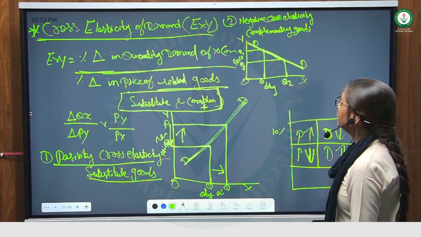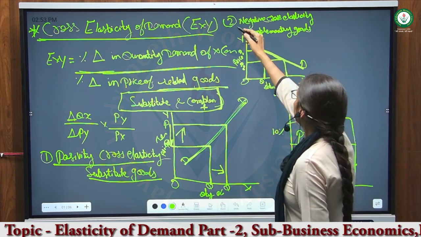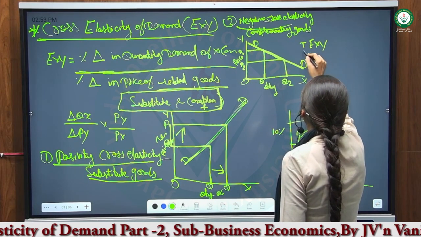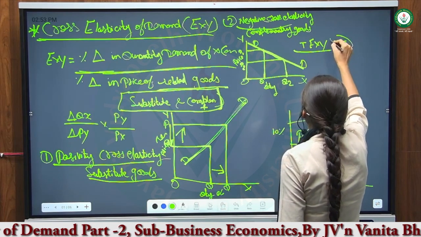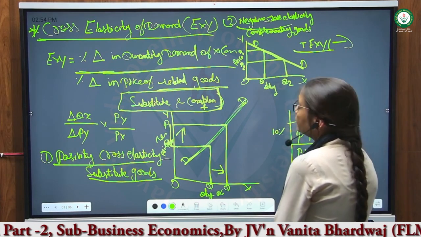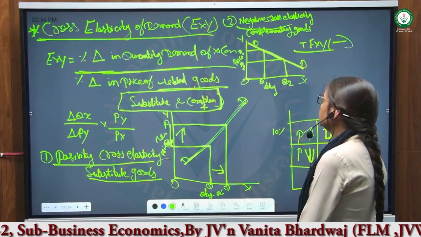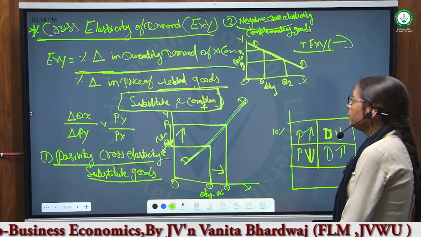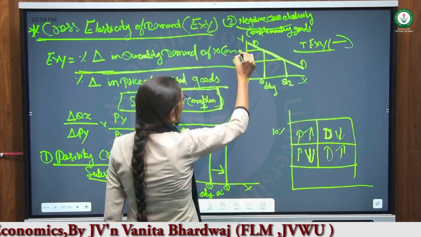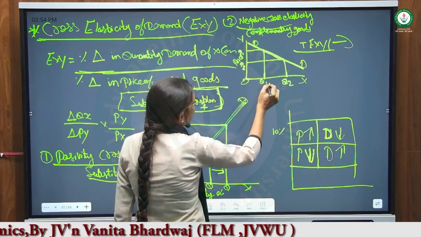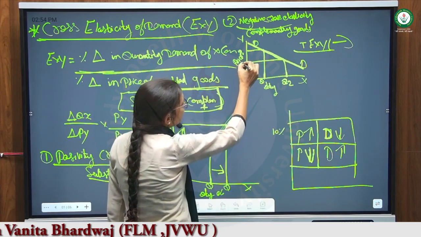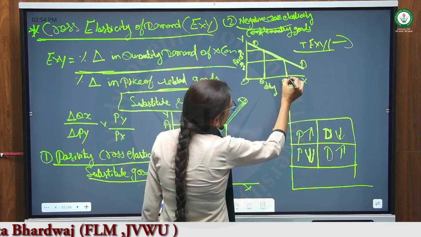Next is negative cross elasticity of demand. Negative cross elasticity of demand applies to complementary goods. Complementary goods are those goods which are used together. When the price of commodity X goes up, the demand for commodity Y decreases, and when the price of commodity X goes down, the demand for commodity Y increases.